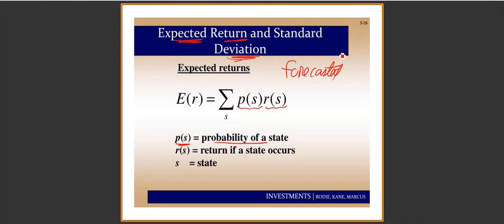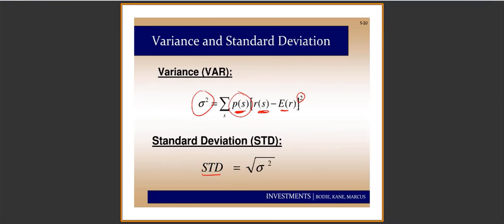Right? Because we don't know what's going to happen. We've got probabilities of something happening. We've got a 25% chance, a 45% chance of this, a 25, a 5. We don't know what's going to happen, so these are forecasts. We're using probabilities to say, okay, we don't know what's going to happen. All in all, this is my expected return. This is my expected standard deviation.